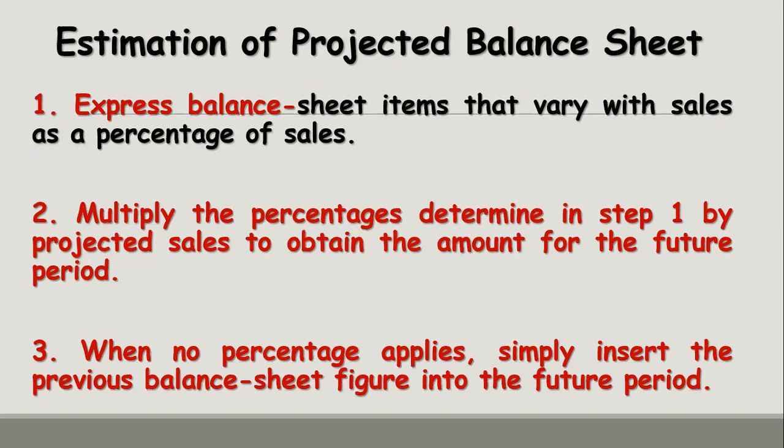No percentage applied, simply insert the previous balance sheet figures into the future period. All the variables which have no direct relation with sales, or no impact on sales growth, are carried forward as they are.